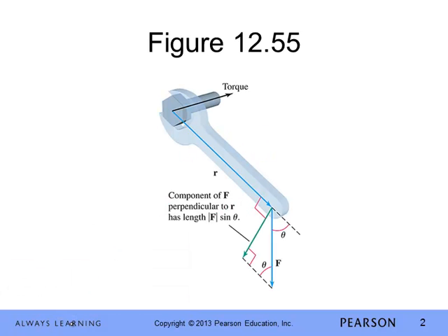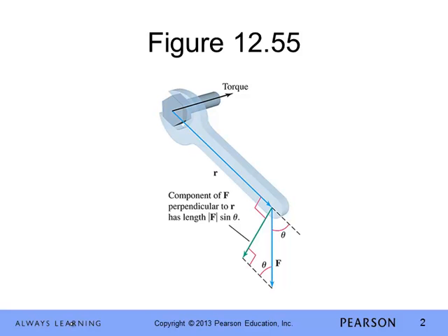All right, so here's kind of the idea here. One application where we would often see the cross product is in the idea of a torque. Now, torque is the result of some twisting motion.